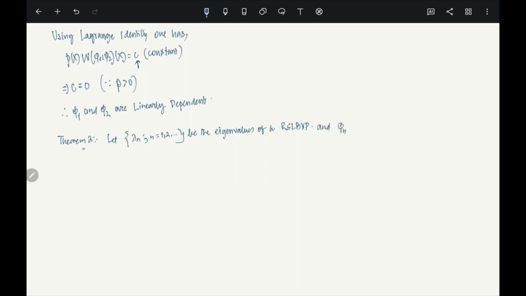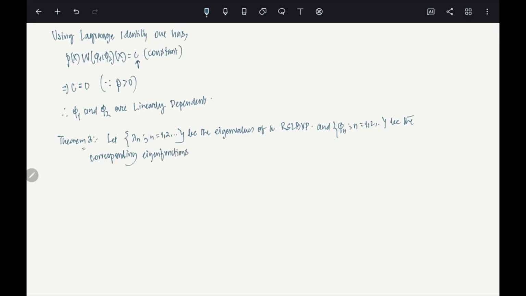And let phi n, n equals 1, 2, and so on, be the corresponding eigenfunctions. I am writing it in terms of sets, but you do realize what I am trying to say.